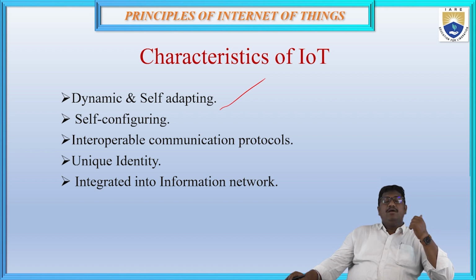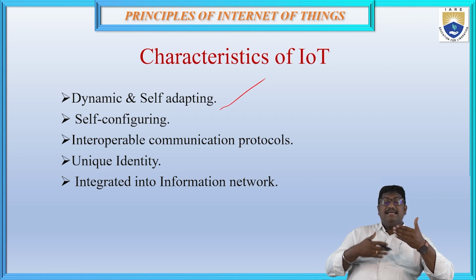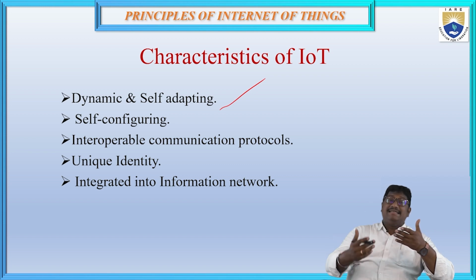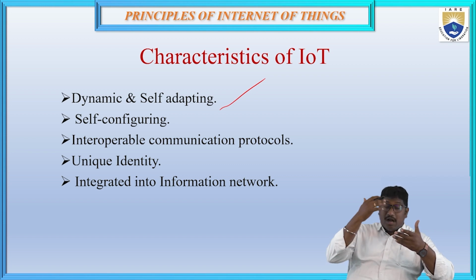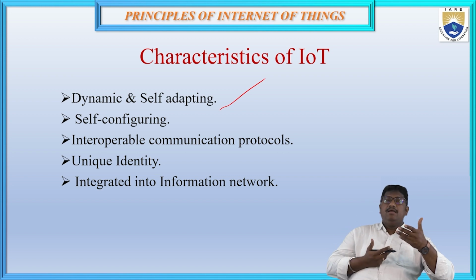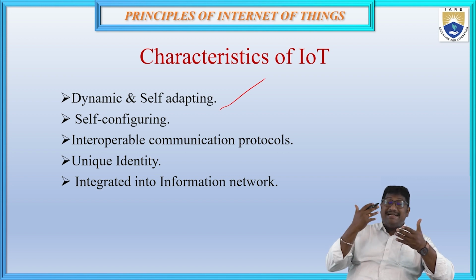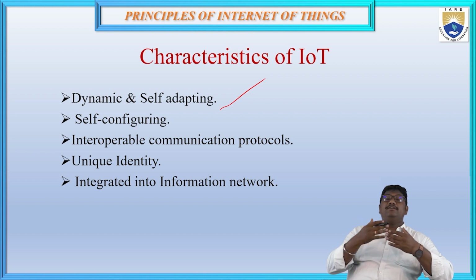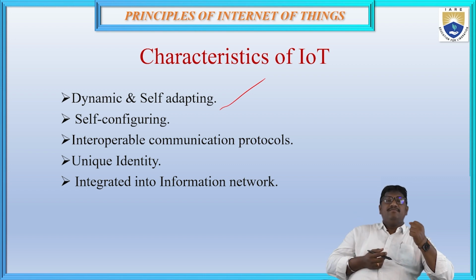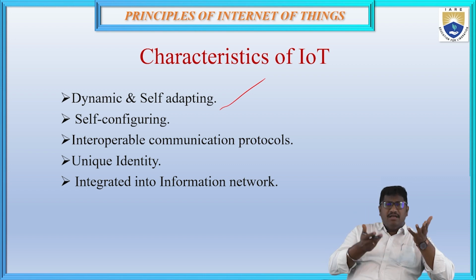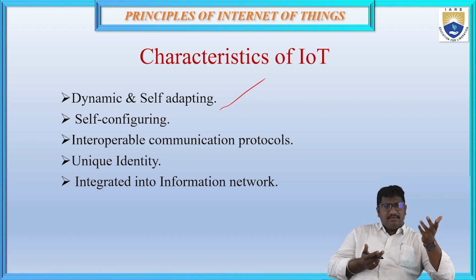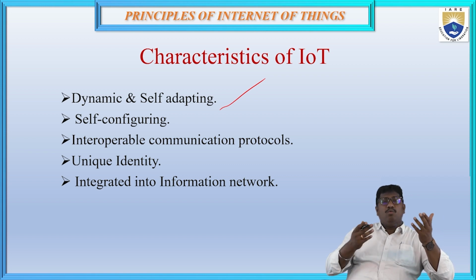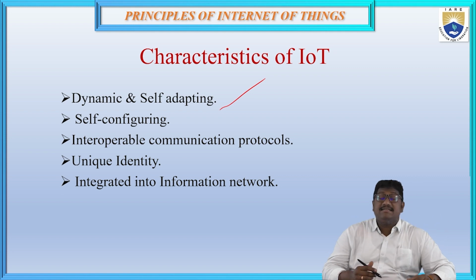In the smartphone, how is it automatically self-adapting, how is it automatically dynamic, how is it automatically self-configurable, how does it automatically have protocols supporting the transfer of information, and whether the device has a unique IP address. Yes, these are all the characteristics our IoT system consists of. That is what we are discussing here today.